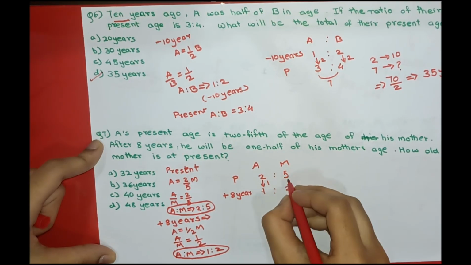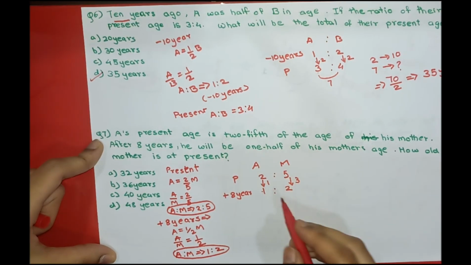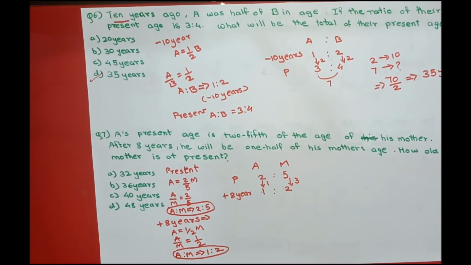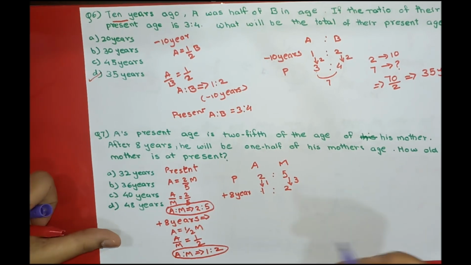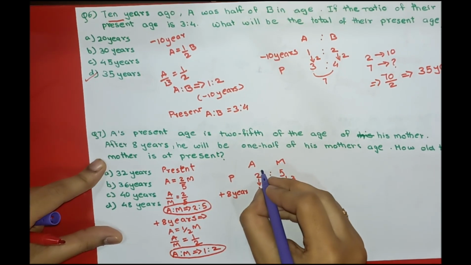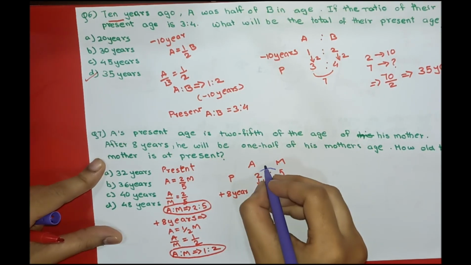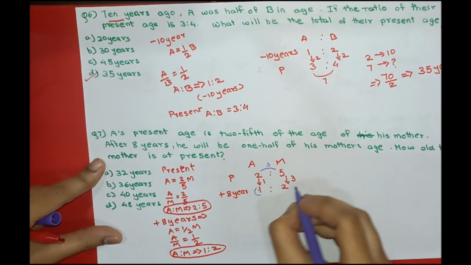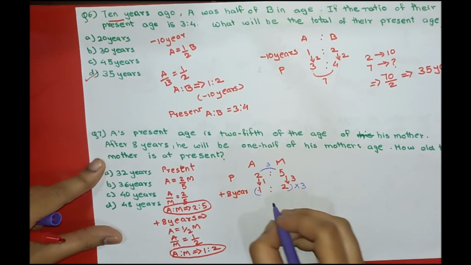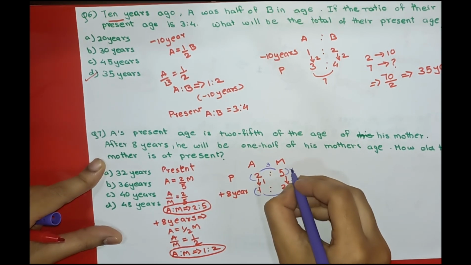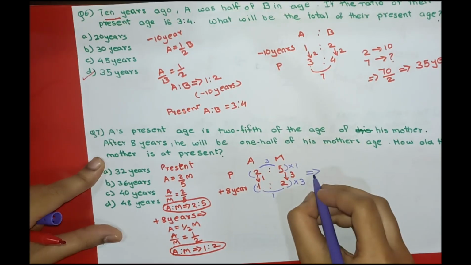Here the difference is 1 and here the difference, 5 minus 2, is 3. The differences are not the same, so you cannot directly equate the values. So what we do is we take the difference of the above terms, 2 minus 5, take the positive difference which is 3 and multiply it with the below terms, and take the difference of the below terms and multiply it with the above terms.